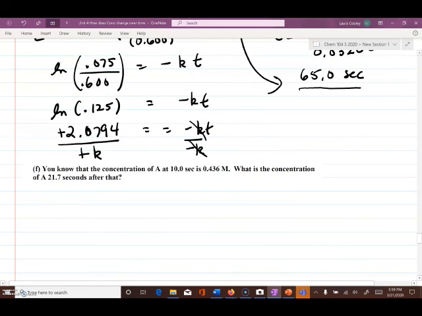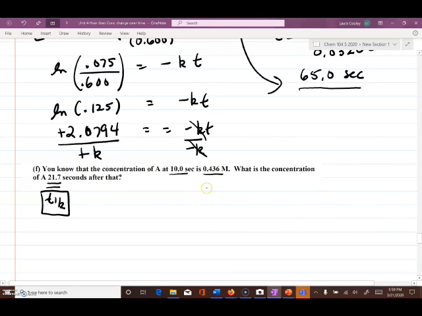Okay, so here it says, if you know the concentration of A at 10 seconds is 0.436 molar, we did that earlier, what is the concentration of A 21.7 seconds after that? Well, you have to recognize that since we just calculated it, the half-life is 21.7.